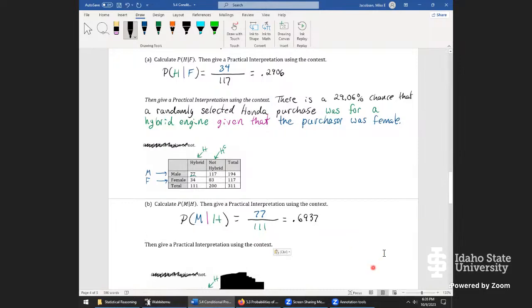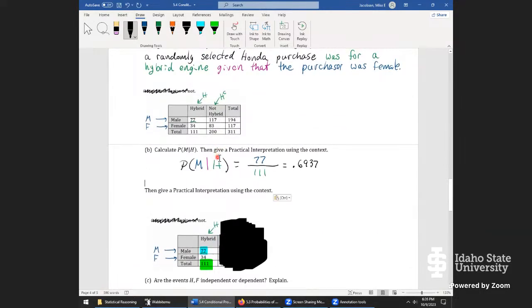So this time we'll say, among all participants where the event H actually occurred. We have to say this as a practical interpretation and say what H is. So we can say it this way. Among all Honda purchases with a hybrid engine, so I started with the given H. Now say the percentage chance.